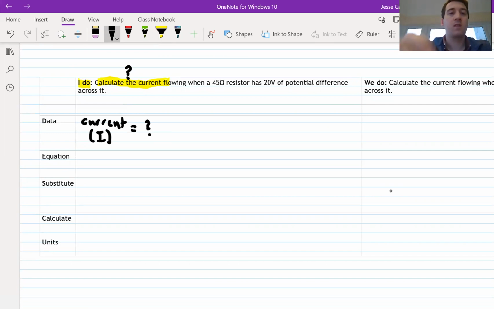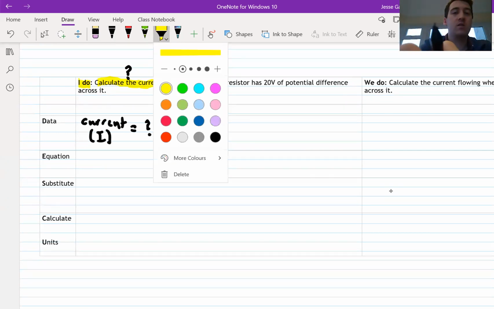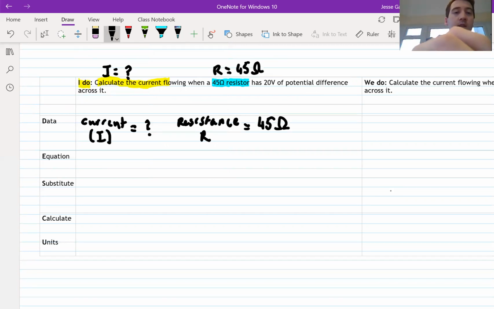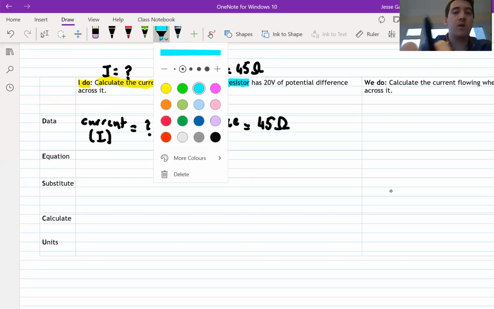I don't know. Okay, so calculate the current when a 45 ohm resistor. I know the resistance, R, equals 45 ohms. What else do I know from my question?